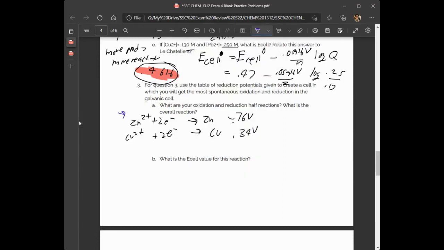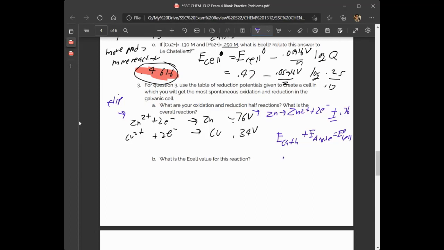If we flip this one, Zn to Zn2+ plus 2e-, then this will be plus 0.76, okay? We have E cathode plus E anode is equal to E naught cell.